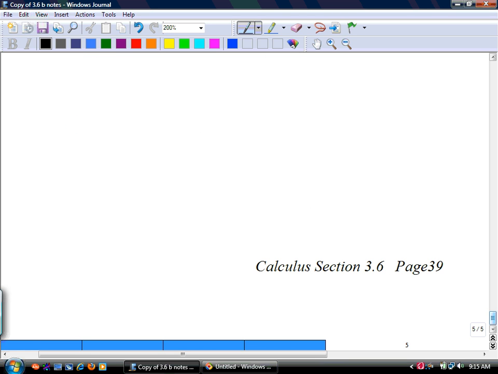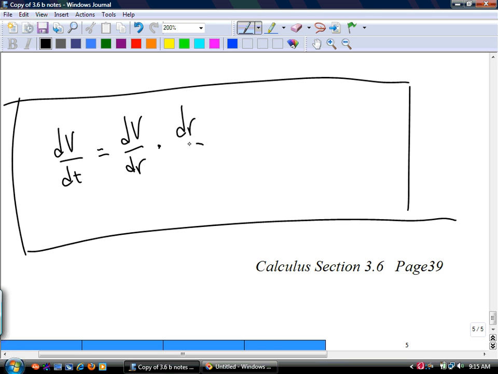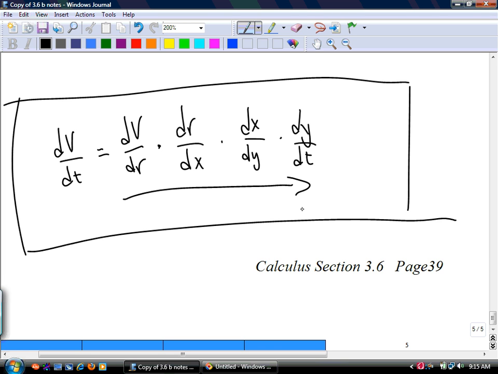The neat thing about the chain rule in Leibniz's form, not that I'm asking you to write this down, is that you can have a whole bunch of chains run together.